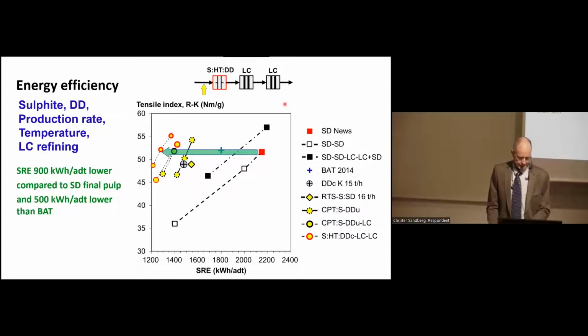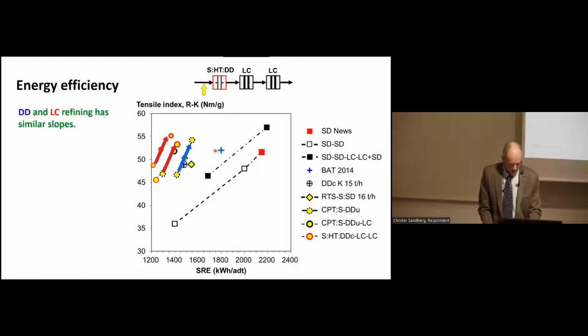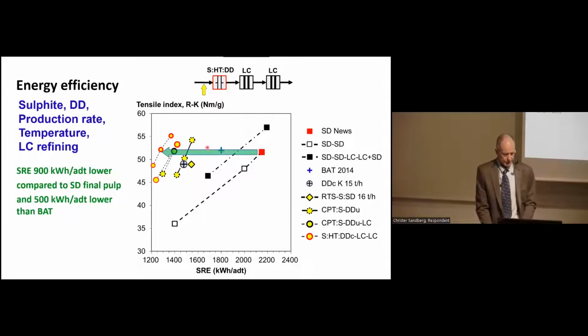And finally, looking at the last process, with the double disk refining, high temperature sulfite, high production rate, two-stage LC refining, it is 900 kilowatt hours per ton lower compared to this base reference, and 500 kilowatt hours per ton compared to the BAT process here.